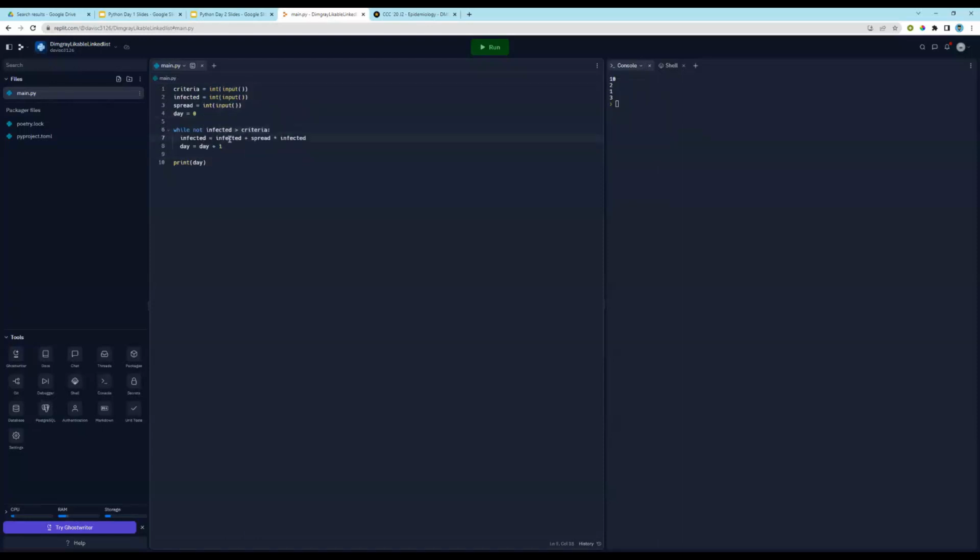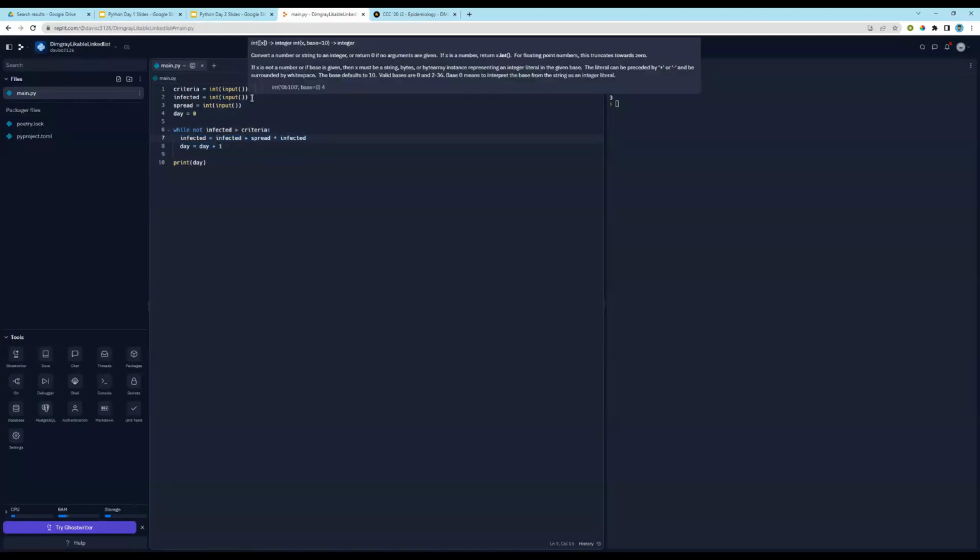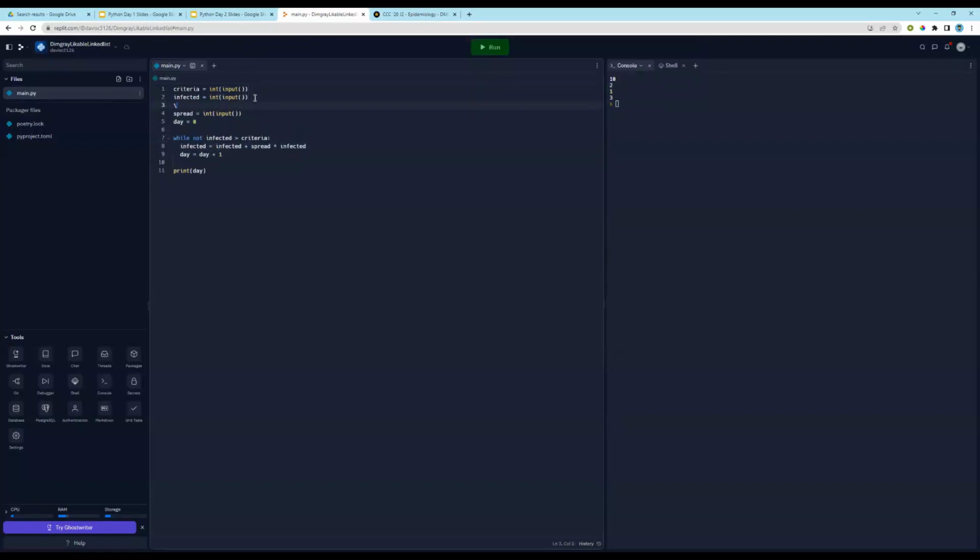So instead of doing this, we have to keep up with a value that basically says how many people were infected the day before. So that's the day before.